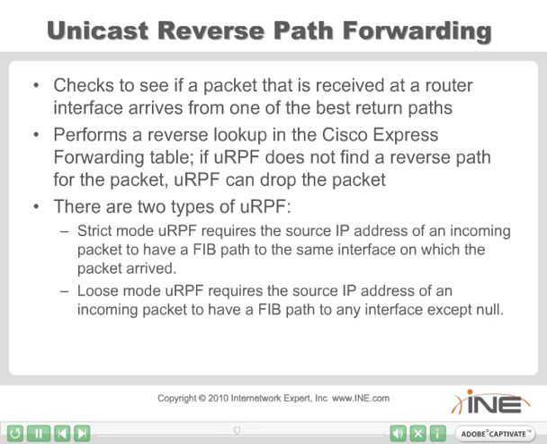So it takes a reverse lookup done off of the CEF table, so it does require CEF. And if it does not find a valid path, then uRPF by itself will drop the packet. It can also be used to prevent things like address spoofing, assuming you didn't have routes for those other spoofed addresses.